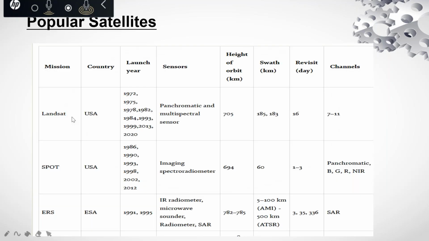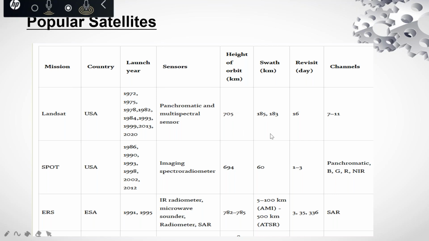Next, these are some of the popular satellites. Here, this is Landsat, which was launched by USA. This was for panchromatic and multispectral sensor, so it can take images in many spectrums apart from RGB. Height of orbit tells us how far above our Earth the satellite is.